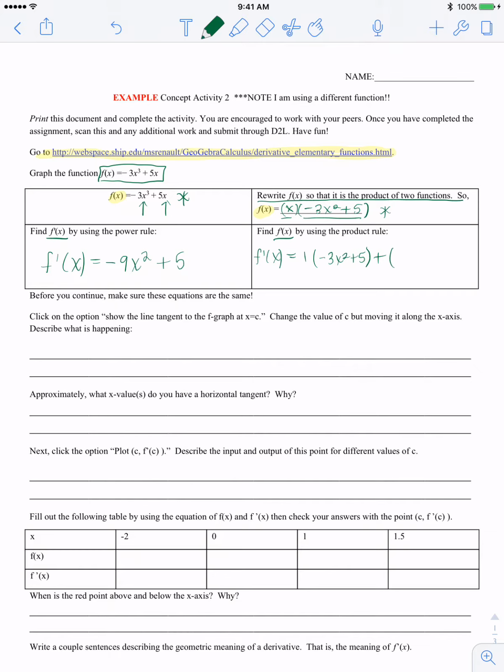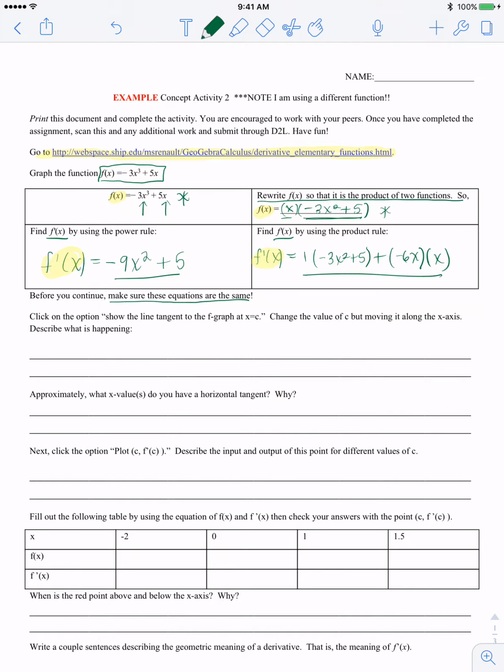Let's see, negative 3 times 2, that's negative 6. x, 2 minus 1 is 1, so it's to the first power. And then the derivative of 5 is 0. So that's the derivative of the second function. I still need to multiply it by the first function. So you'll notice that both of these are f prime of x. What you should do before you continue is make sure that these functions are actually the same thing.